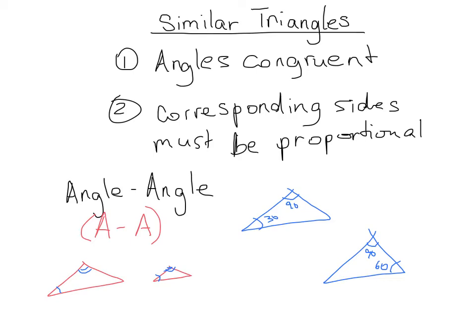Hopefully you said yes, because if you find the third angle here, you would know that it is 60, and all we need to know is two angles to tell whether or not our triangles are similar. There are a couple other ways to tell if our triangles are similar without having to look at every single thing. So we'll look at the others right now.